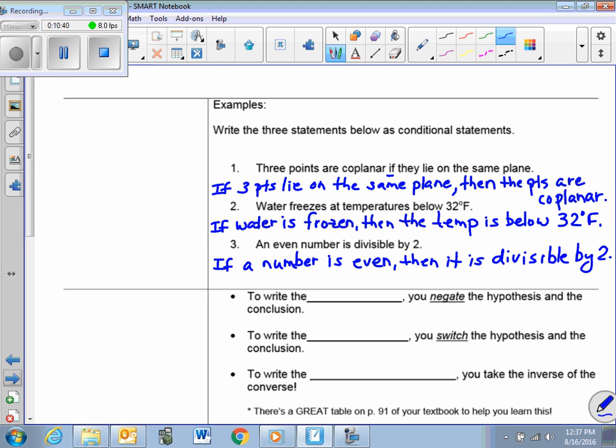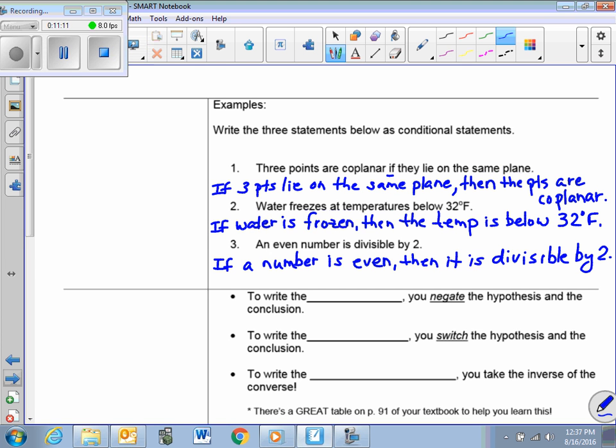It would say if a number is divisible by 2, then the number is even. And in that case, just like number 2, the conditional statement and the converse are logically equivalent. That's okay. They don't have to be, but sometimes they are. So in this case, number 2 and 3, all the 4 statements, the conditional, converse, inverse, contrapositive, would all have the same truth value, but that does not always hold true. It just happened to here.